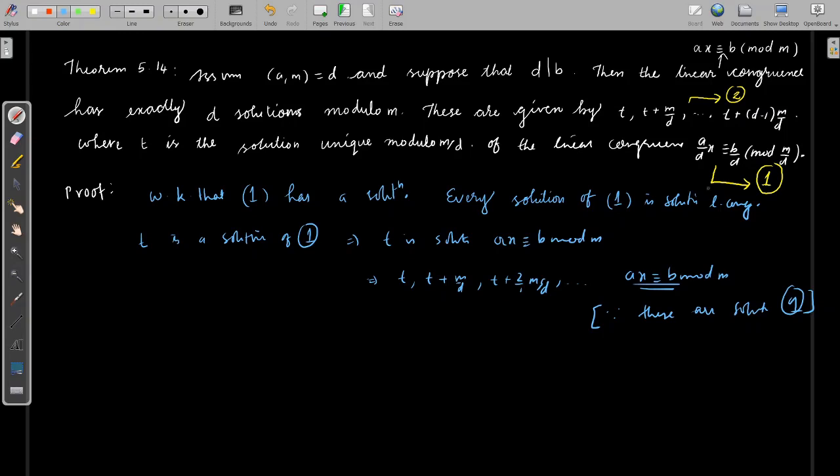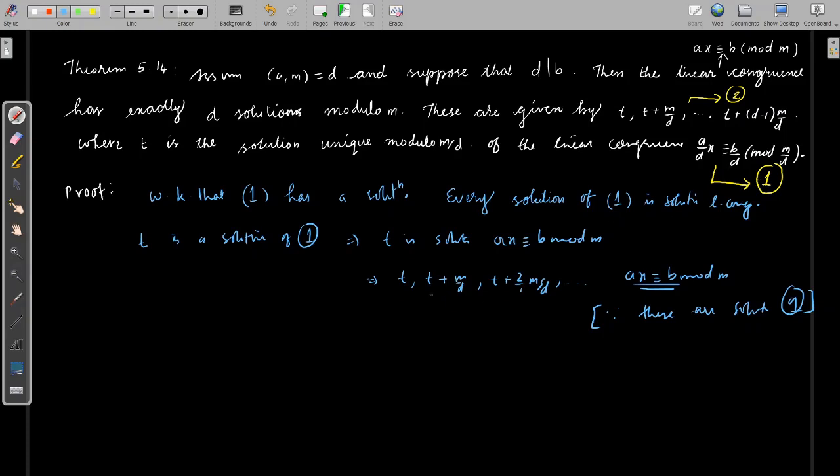Then all the solutions of 1 are solutions of Ax congruent to B mod M. Therefore, these are all the solutions of Ax congruent to B mod M. But these are the same, congruent modulo solutions, as far as this one is concerned.